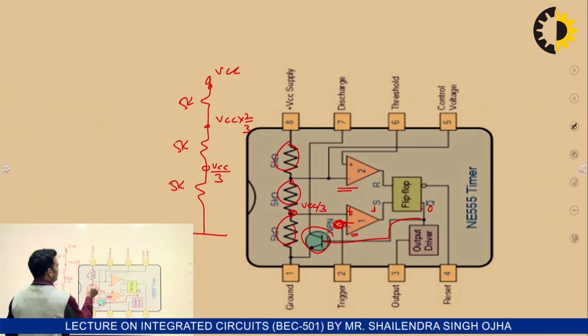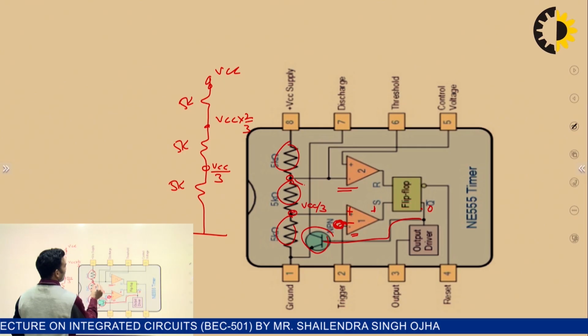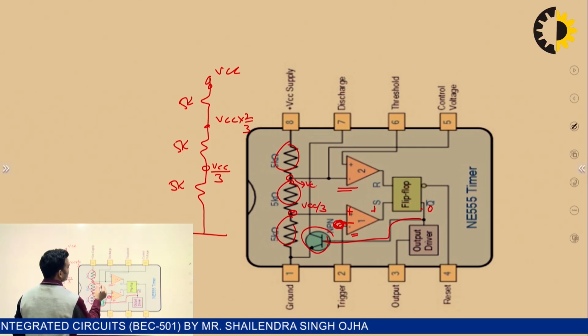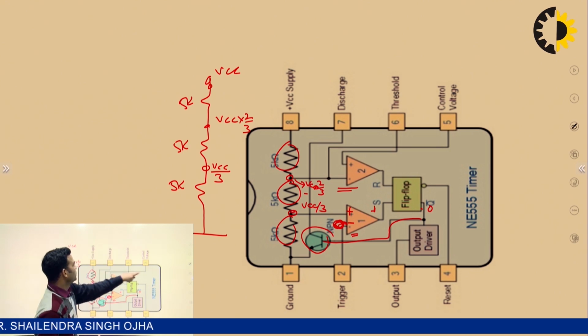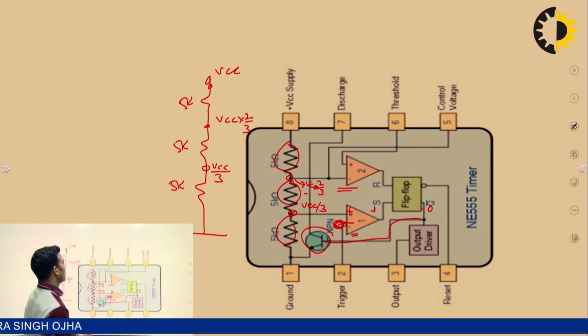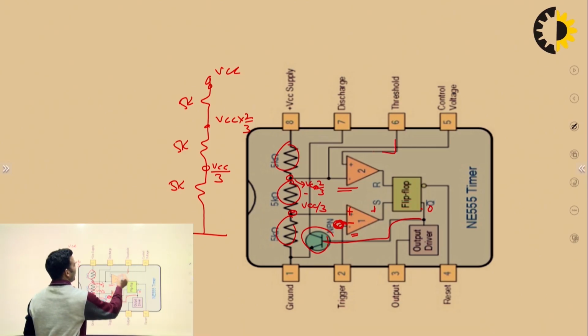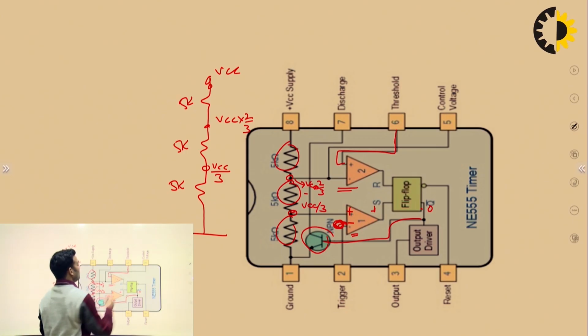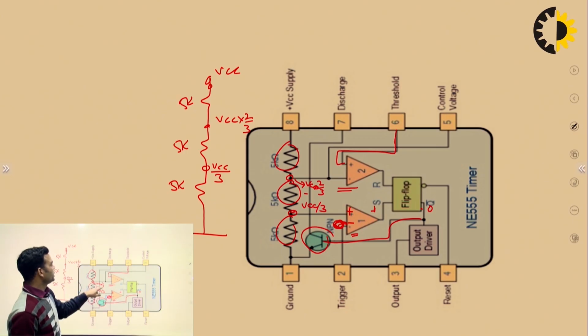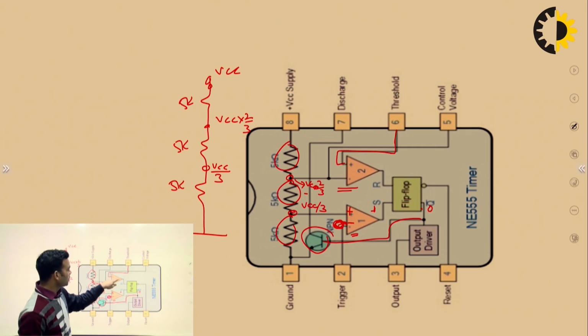Similarly, the potential at this point will be VCC into 2 by 3, which is the control voltage. Now, threshold. If you apply a voltage at this point which is more than 2 upon 3 VCC, then its output will be 1, and this flip flop will be reset.